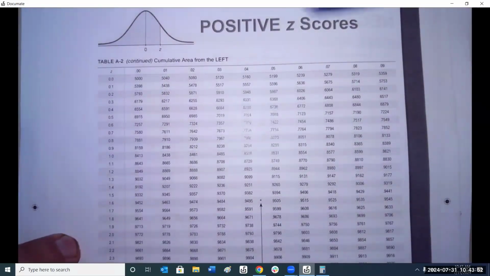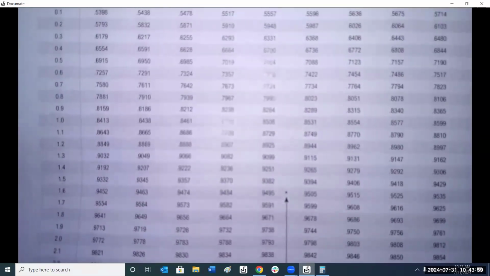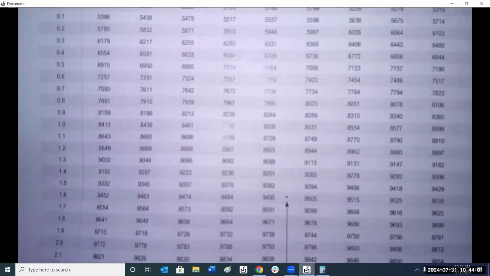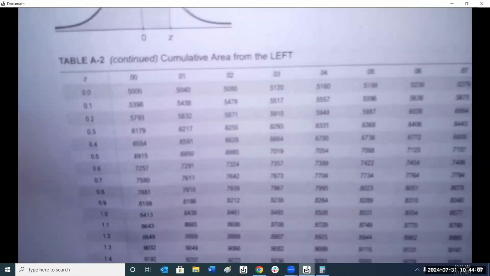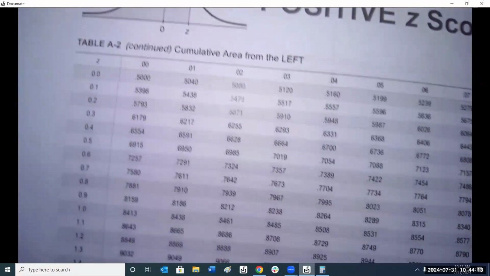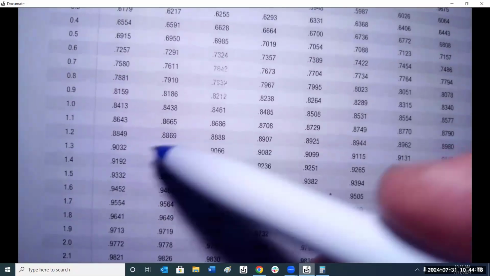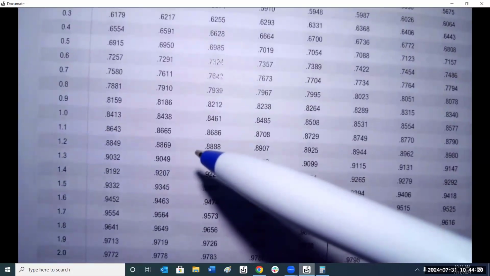Since I'm using the z-score, I can use the z-score chart. So it's 1.22. The 0.02 is the third column: 1, 2, 3.